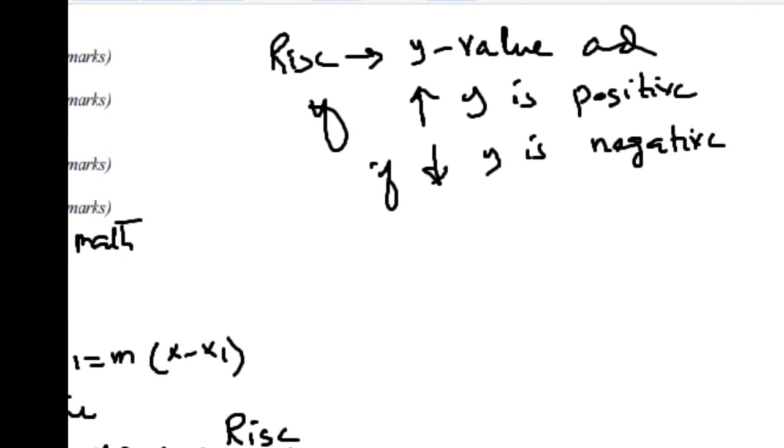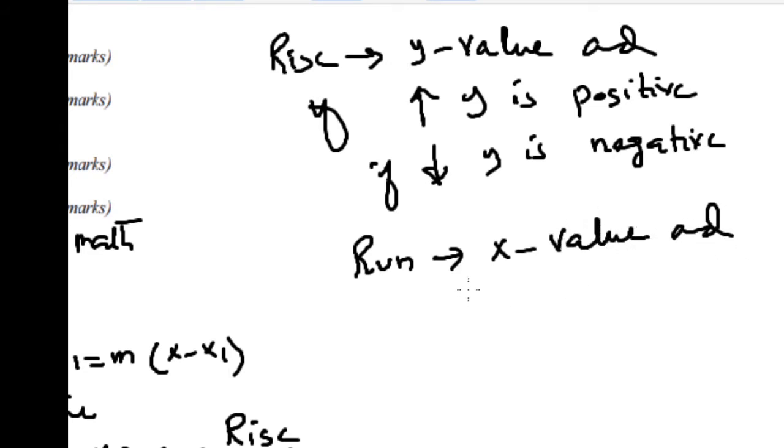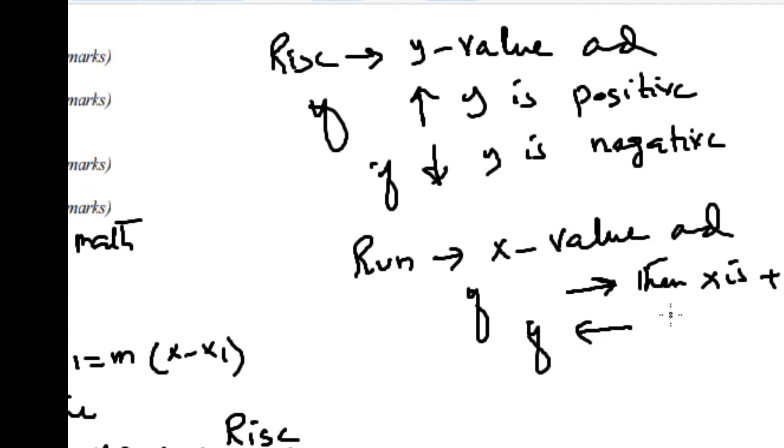Similarly, run is the x value. If the movement is toward the right side, then x is positive, and if the movement is toward the left side, then x is negative.